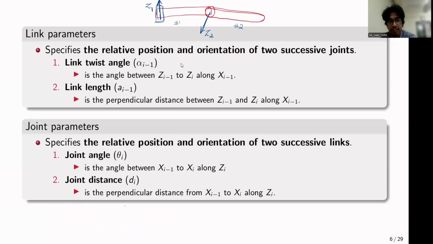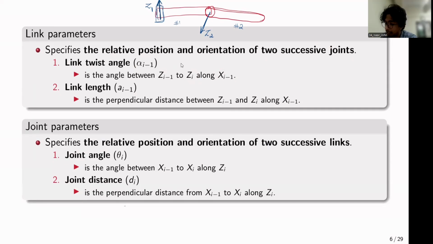And we look at the first link parameter. It's called the link twist angle alpha i minus 1. So this is essentially the angle between z i minus 1 and z i along x i minus 1. We haven't assigned the x-axis yet. We have only assigned the z-axis.